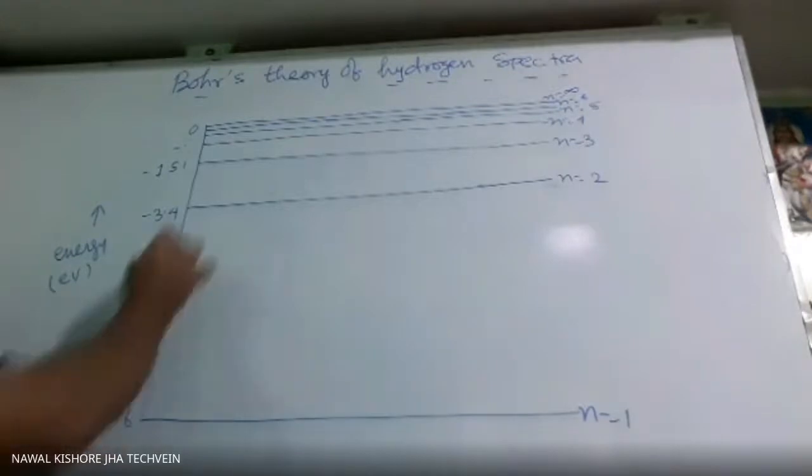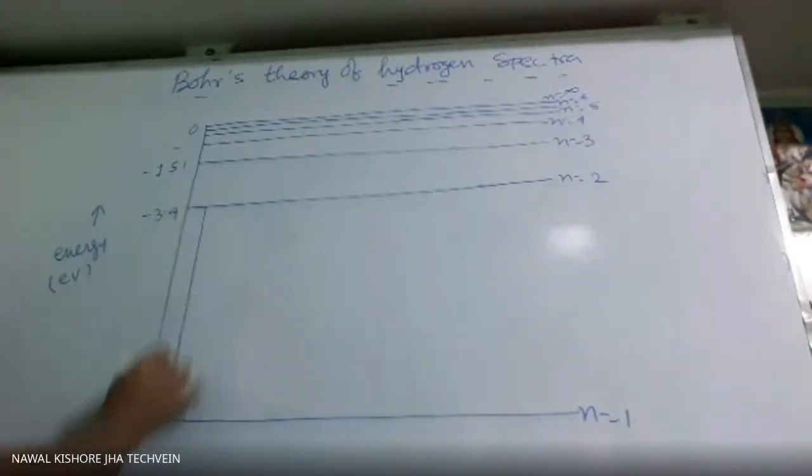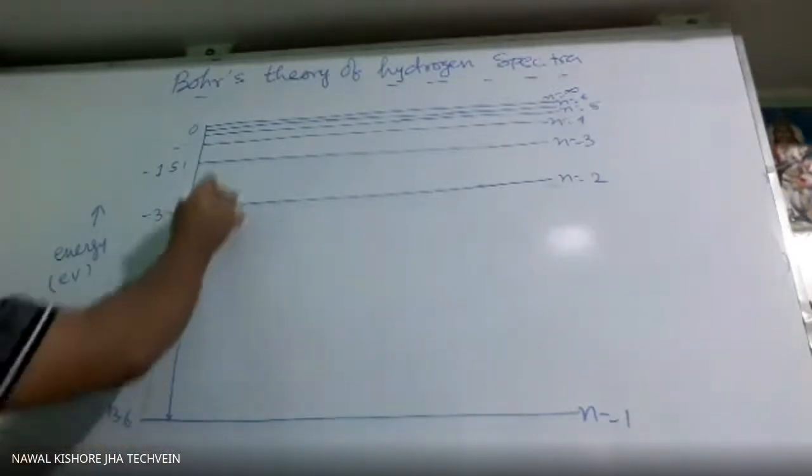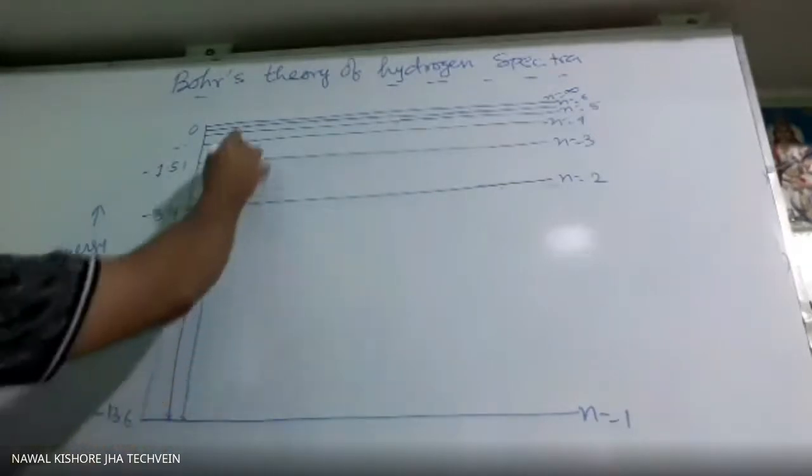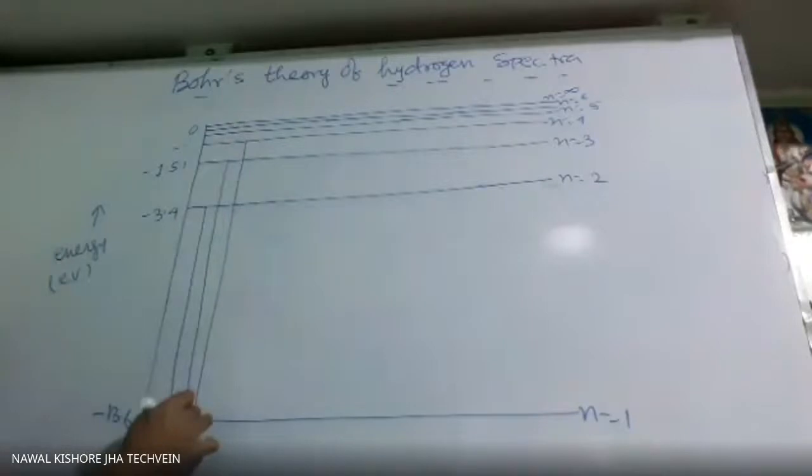Now, if you are asked to show the first three emission lines of Lyman series, then what will be? One transition you will show like this. This is the first member, this is the second member, and this is the third member.